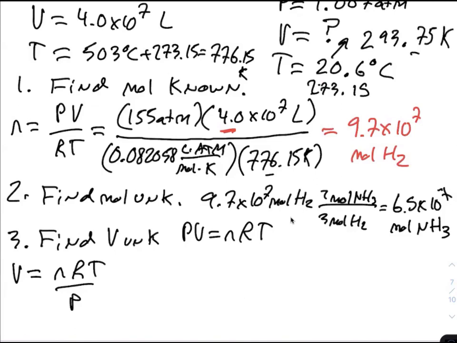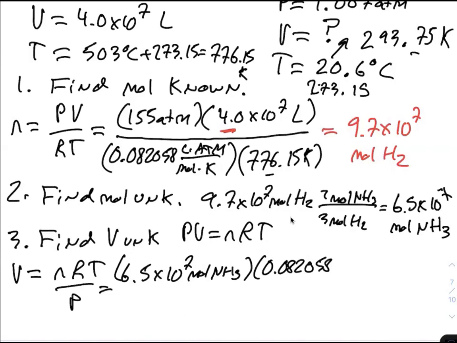Okay, now I can plug everything in. So I'm going to plug in the moles, 6.5 times 10 to the 7 moles of ammonia, times the gas constant, 0.08205 liters times atmospheres over moles times Kelvin, times the temperature.